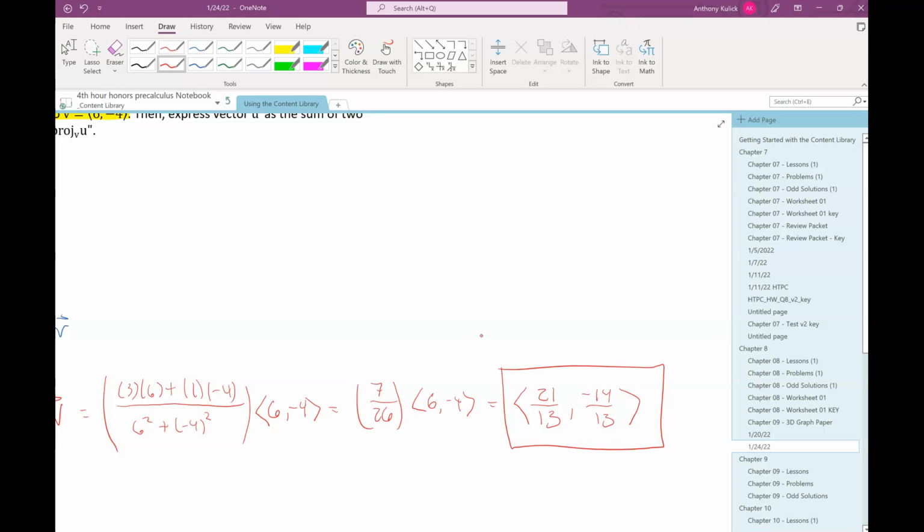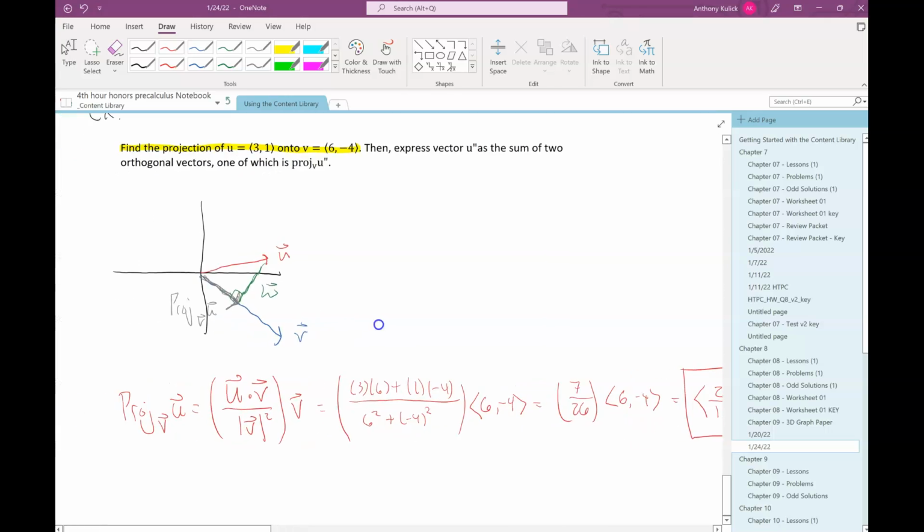You could not reduce and wait all the way to the end to do your reducing, but at some point you should reduce your fractions. I'm good at mental math, so I just reduced in my head as I went. You're free to reduce later at the end or however you feel most comfortable though. Does everybody feel okay on that? Okay.